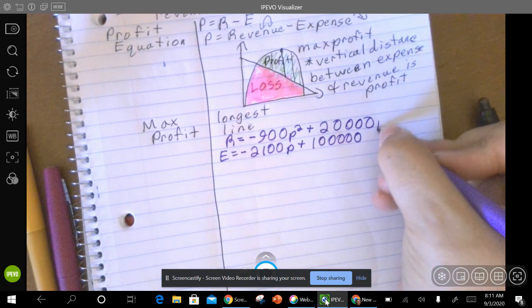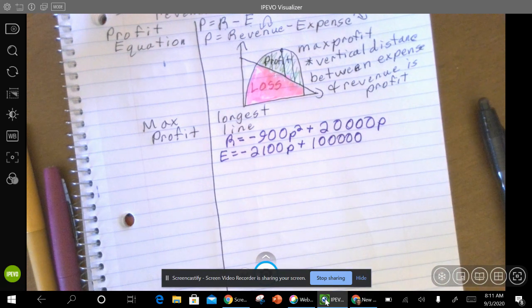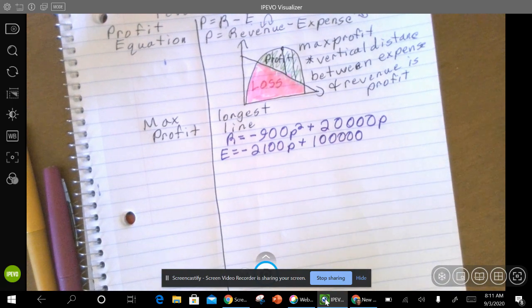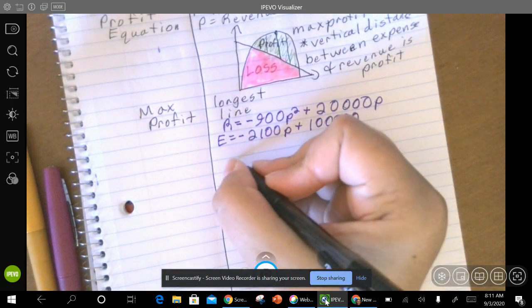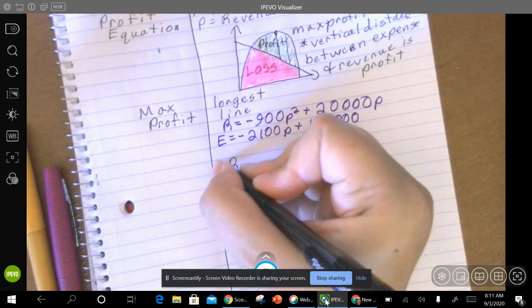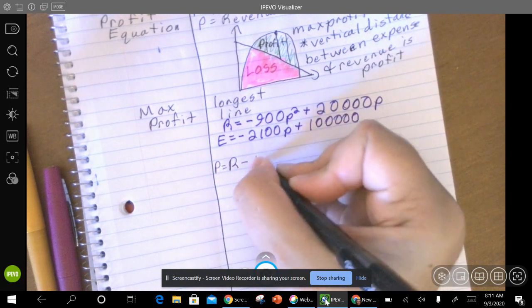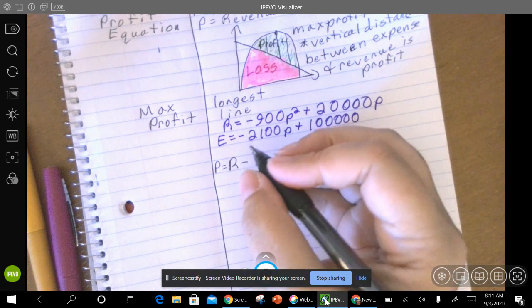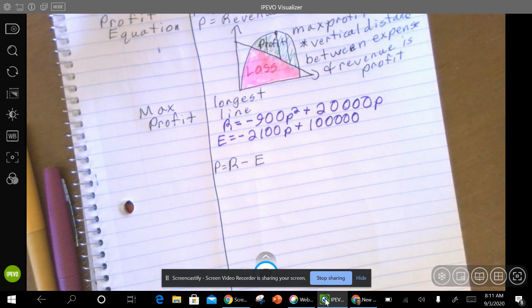P. I forgot to put the P right there. Okay, so remember it's profit is equal to revenue minus the expense. So I'm going to substitute these in.